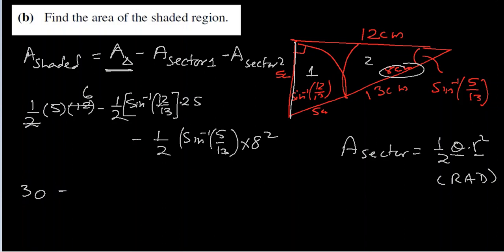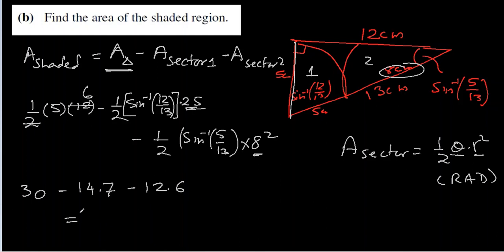Minus half sine inverse 12 over 13 multiplied by 25 will give you 14.7. And when I put this half sine inverse 5 over 13 times 64, I get 12.6, almost. It is not exact. There are more digits after this, but I need 3 significant figures, so this is enough for me.